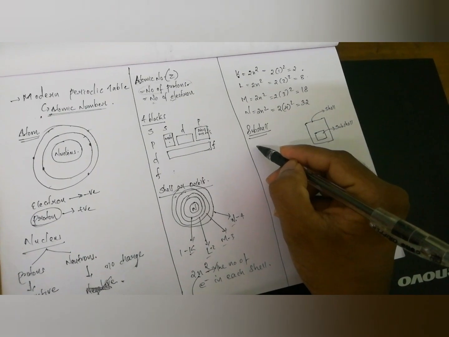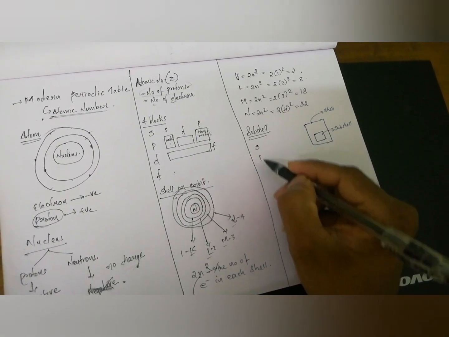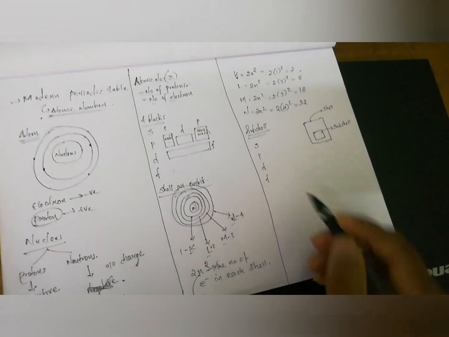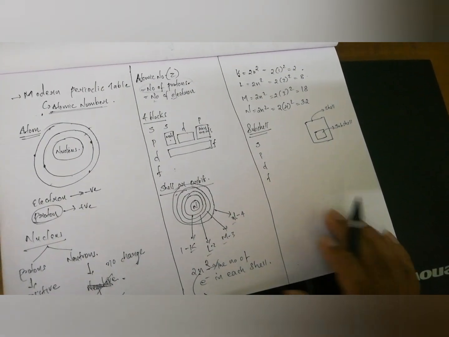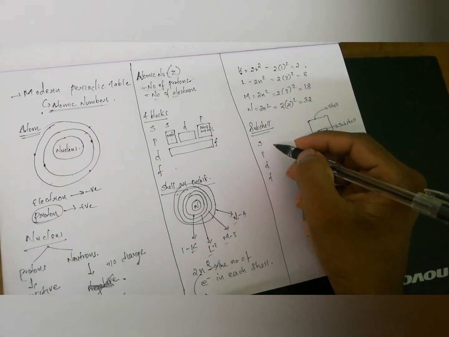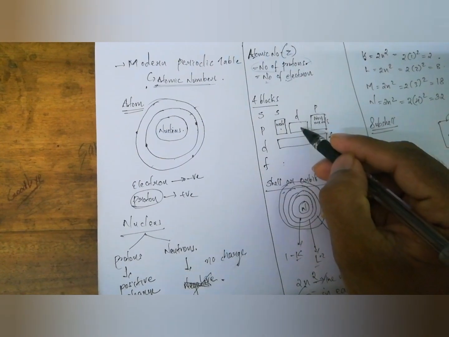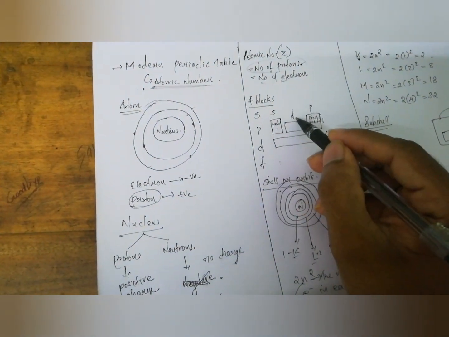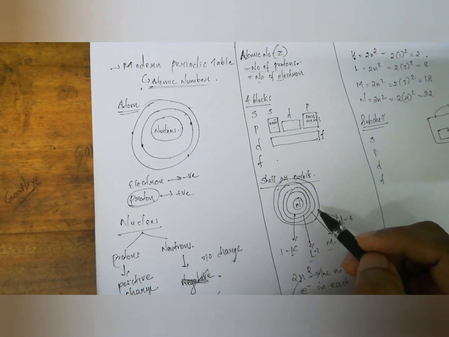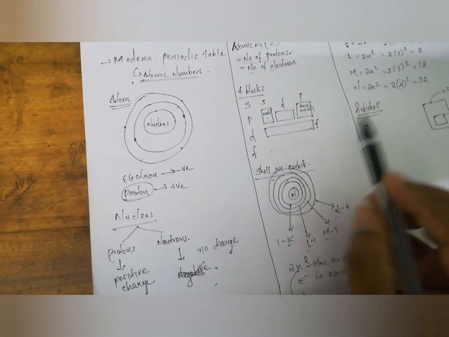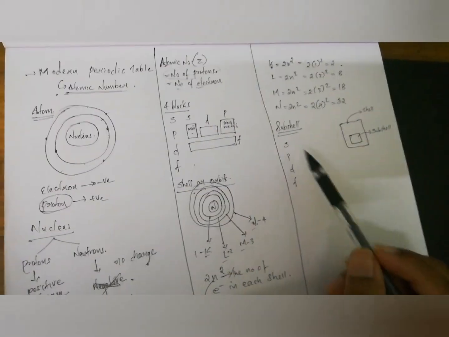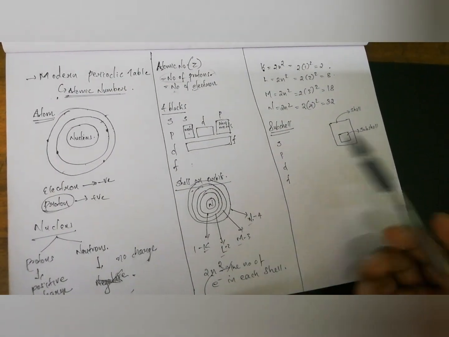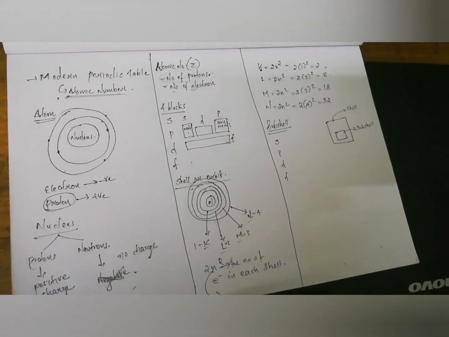Then how many subshells are there? Mainly there are 4 subshells: S, P, D, F. The arrangement of electrons in these blocks, that is the S block, P block, D block, and F block, will depend upon the subshell electronic configuration.